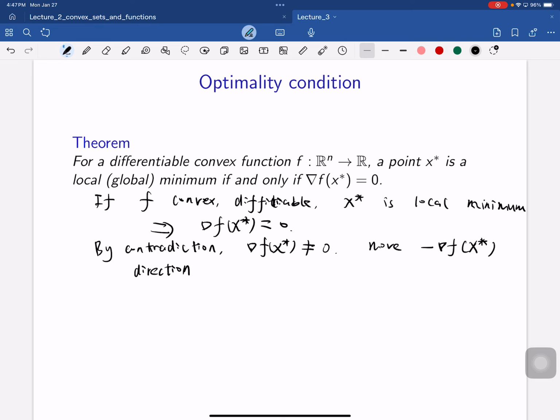Okay, what about the other direction? If the gradient is 0, we want to show that x star is a local minimum or a global minimum. Any thoughts?